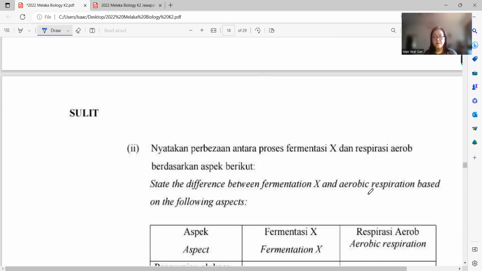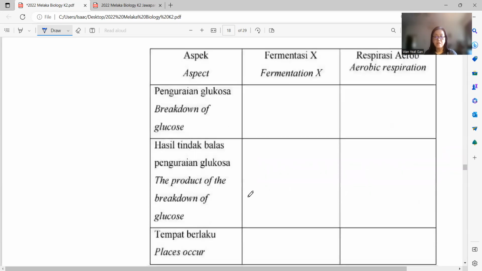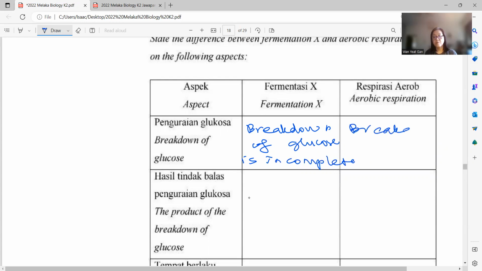State the difference between fermentation X and aerobic respiration based on the following aspects. So fermentation X is lactic acid fermentation. So here the breakdown of glucose is incomplete. Here the breakdown of glucose is complete.